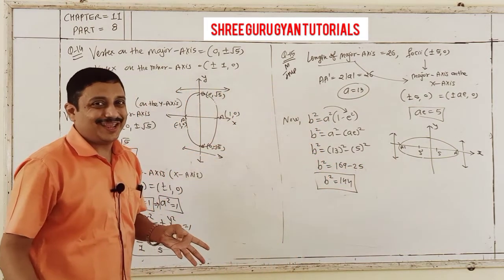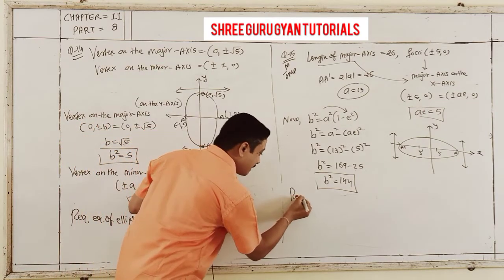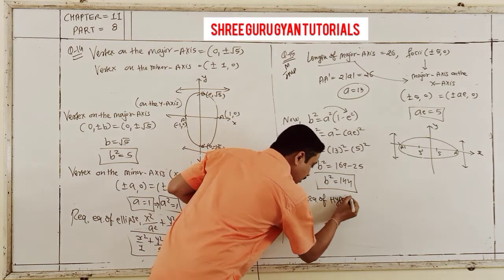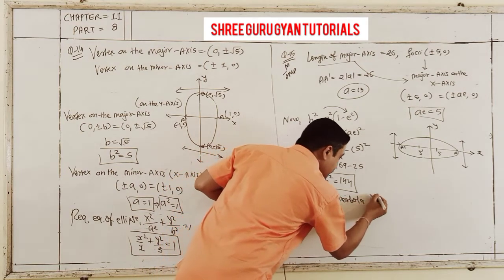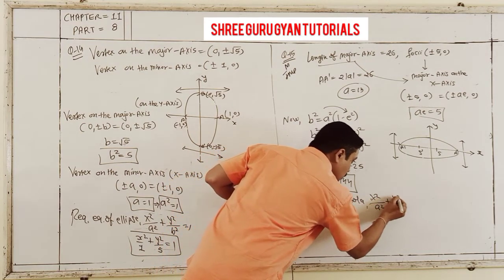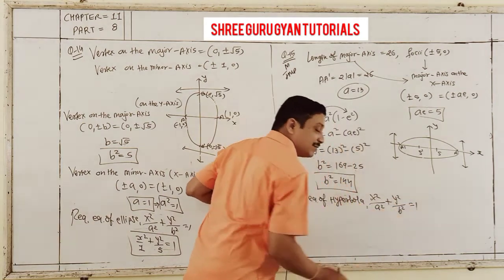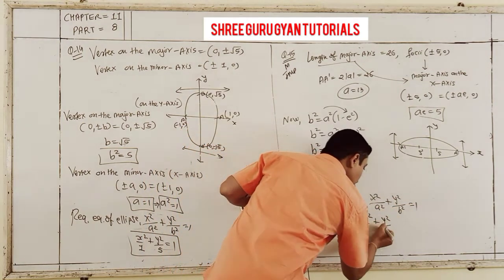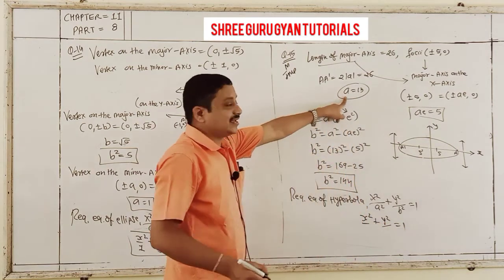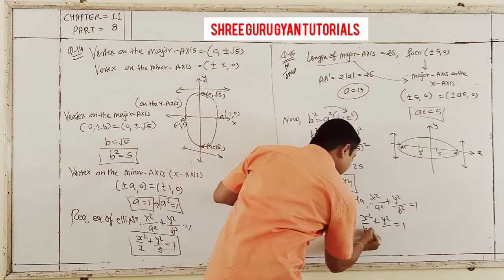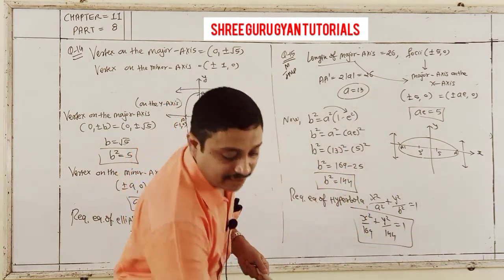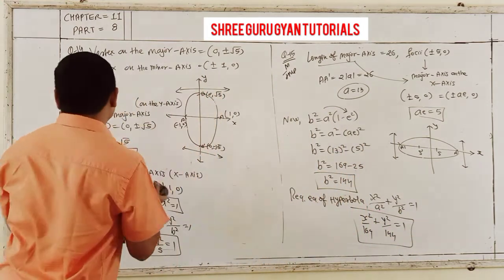B known, a known, so the required equation of ellipse, x square by a square plus y square by b square is equal to 1. Now putting in both values, you will get the answer: a square 169, b square 144, and that's the students' simple way, your answer is done.